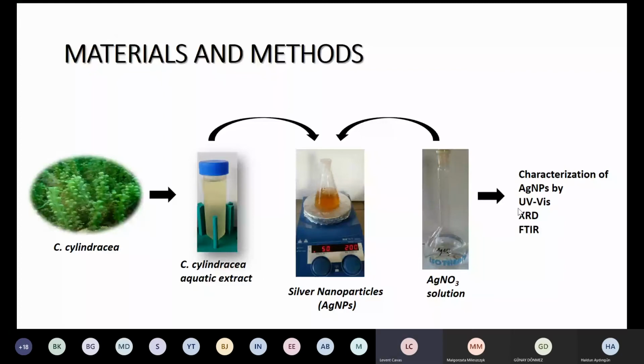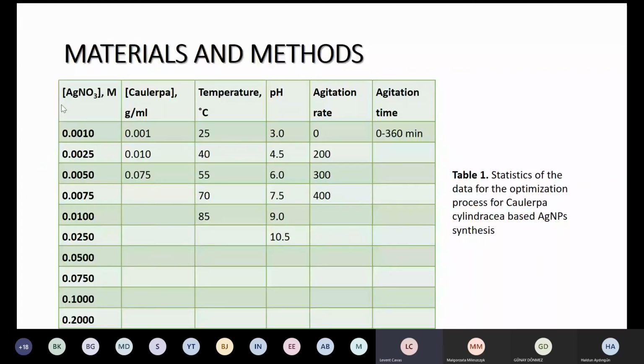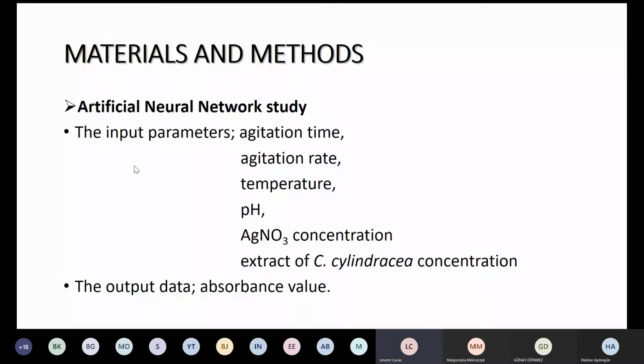These are the experimental conditions. What kind of parameters did we study? We changed the silver nitrate concentration, Caulerpa cylindracea biomass, temperature, pH, agitation rate, and time. Of course, artificial neural network is of great importance in our daily life. Therefore, we wanted to use ANN to model our experimental data.